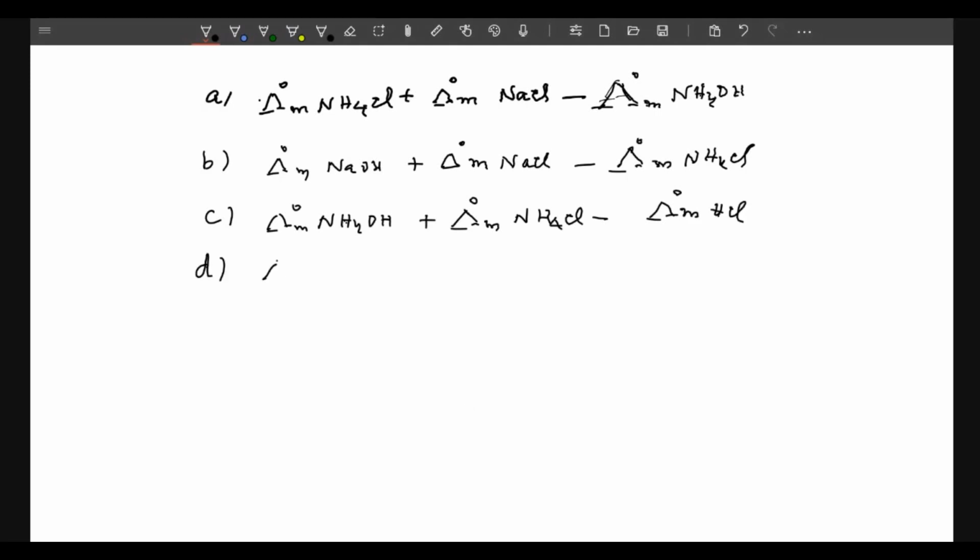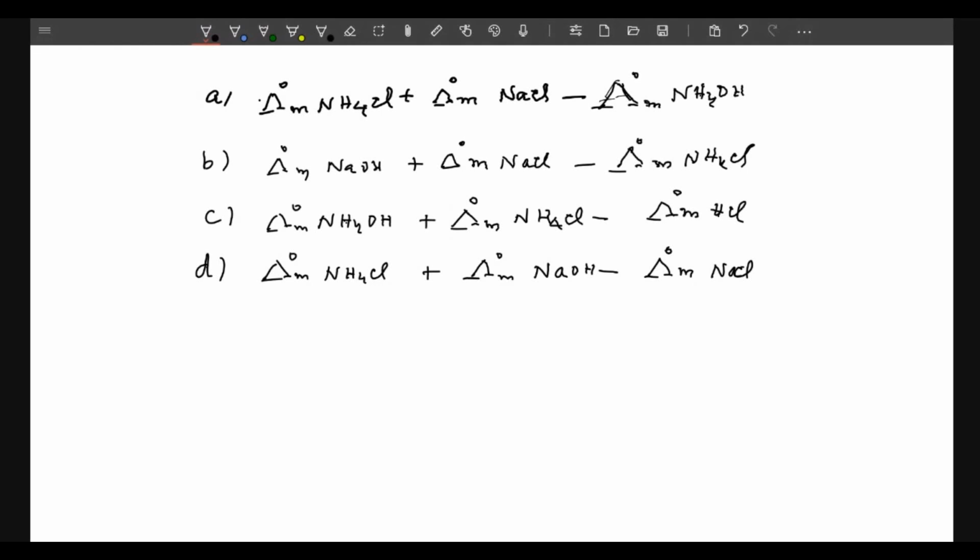D, Λm of ammonium chloride plus Λ°m of sodium hydroxide minus Λ°m of sodium chloride. Which is the correct limiting molar conductivity of ammonium hydroxide? This is the question asked.